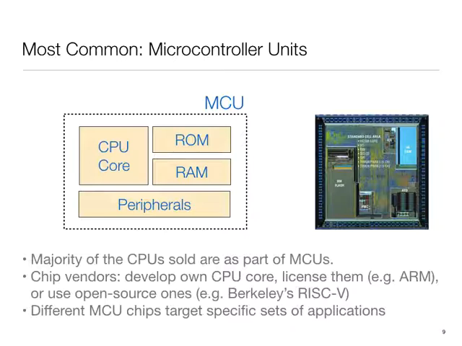But then there are companies like ST Microelectronics and NXP, or Qualcomm or Samsung, who take these cores, and then they create their own processors around them. So Samsung has Exynos, and Qualcomm has Snapdragon.